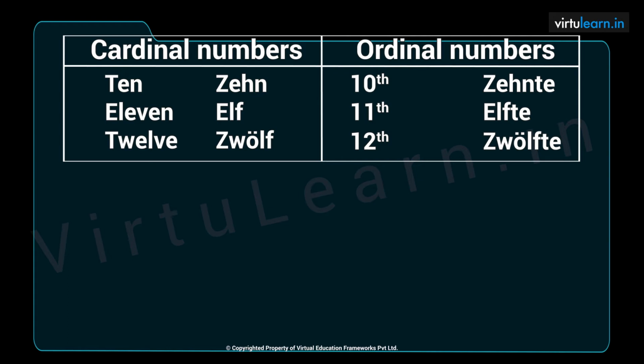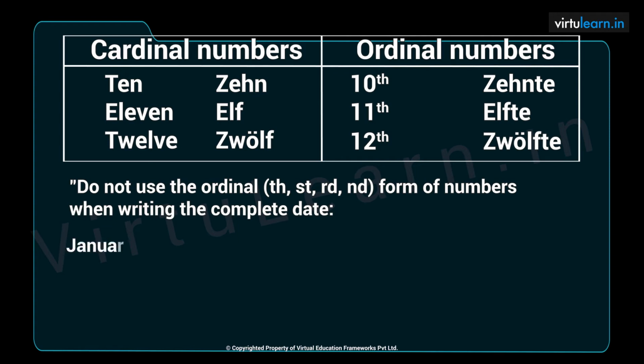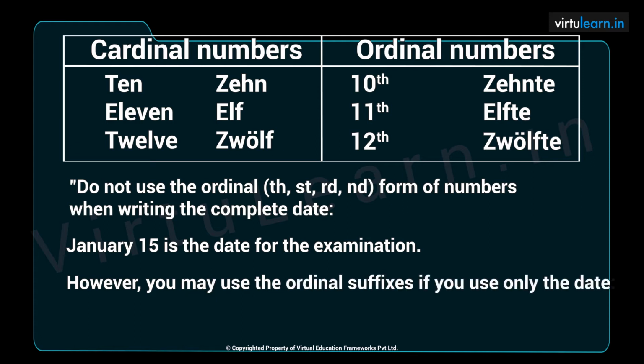Here, remember not to use the ordinal form of numbers when writing the complete date. For example, January 15th is the date for the examination. However, you may use the ordinal suffixes if you use only the date.